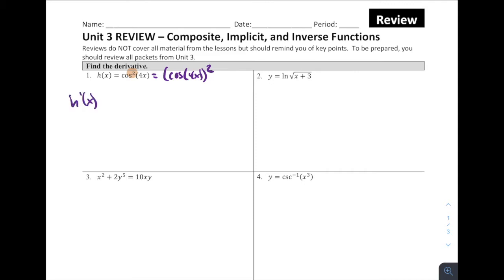So h prime of x, the derivative of that outside function is 2 times x. So it's going to be 2 times the inside function, 2 times the cosine of 4x. And then I'm going to multiply by the derivative of that cosine of 4x. And so the derivative of cosine of 4x is going to be negative sine of 4x.